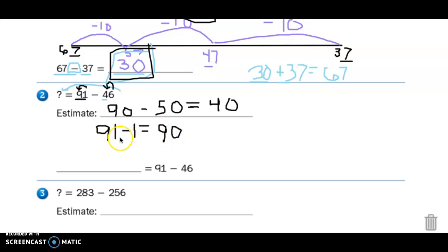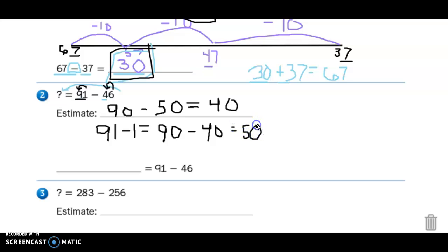Okay, what should I take away now? 90 take away what gives us the 10 right before 46? Well, 50 is the next 10. So 90 minus what gets us to 50? Well, look, 90 minus 50 got us to 40. So let's just take away 40. Look at fact families, we just have to switch them, right? 90 minus 40 will equal 50.